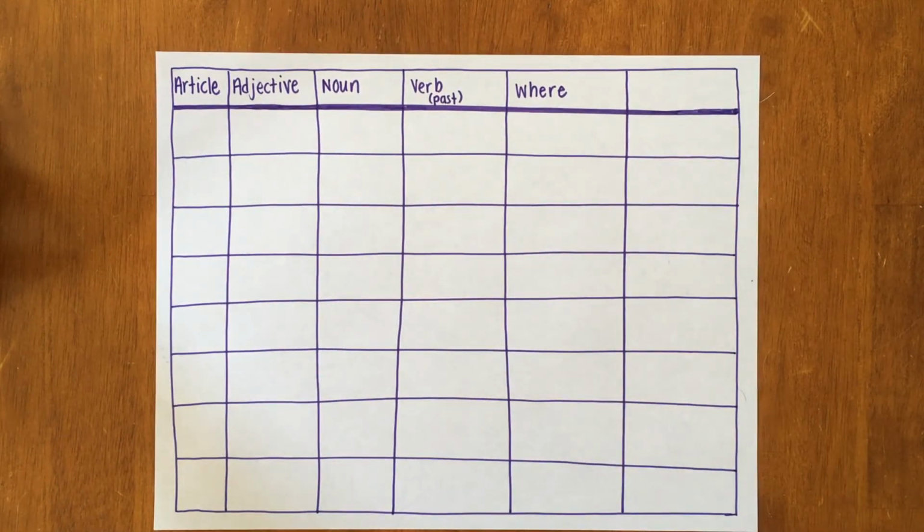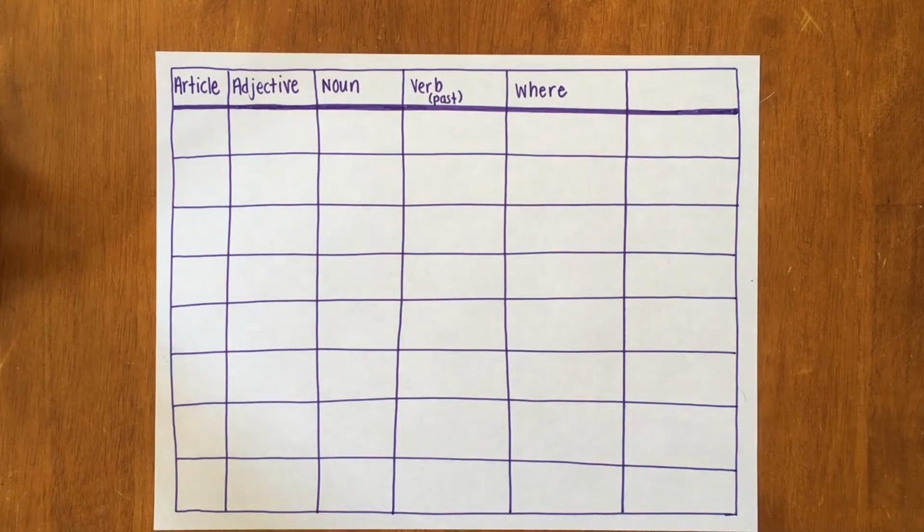And what we're going to do is build a sentence using all of those parts. And why we want to build sentences like this is because it gives us really descriptive, really well-rounded sentences that make what we're writing or talking about interesting for other people to hear.